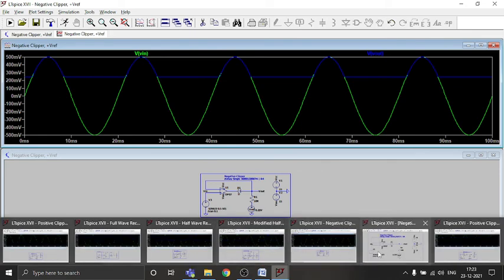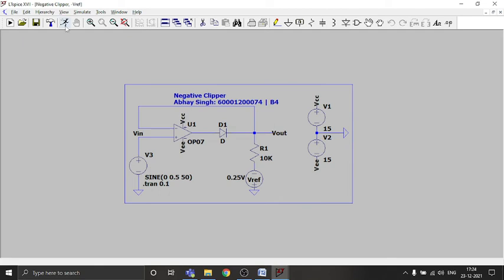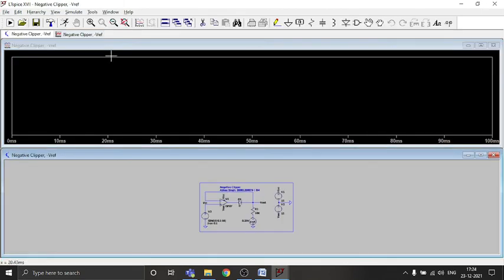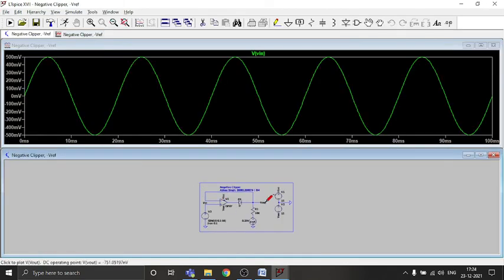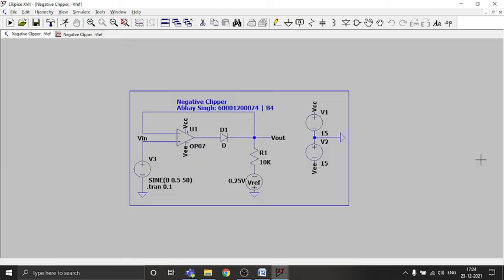One more circuit please, the negative clipper with minus Vref. How does the negative clipper work? When V in is greater than Vref, then Vref clips, and when V in is less than Vref, then the V in part is clipped.